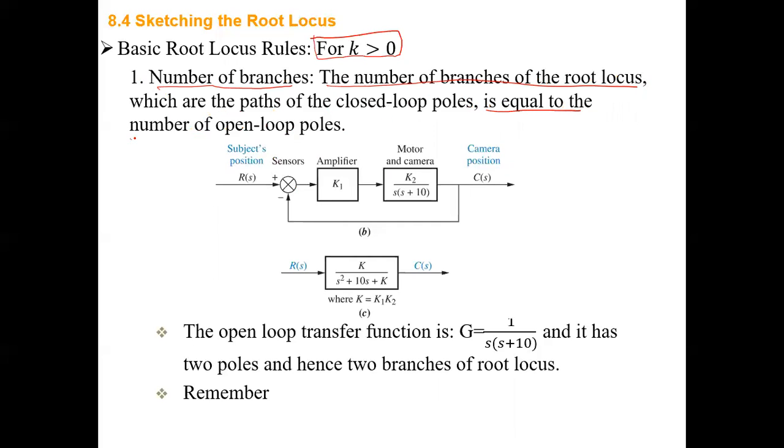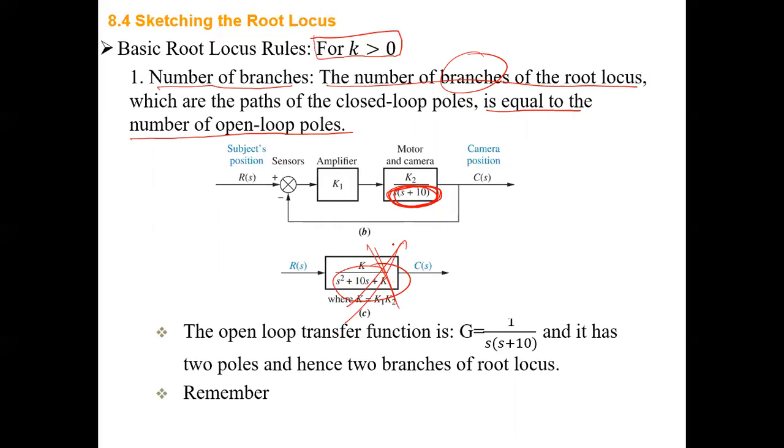Look at that. You just find the number of open loop poles from here, not from here, not from here. Find the number of poles from here. So if you have 2 poles from here, it means you'll have 2 branches. Isn't that good news? You don't have to talk about this guy.